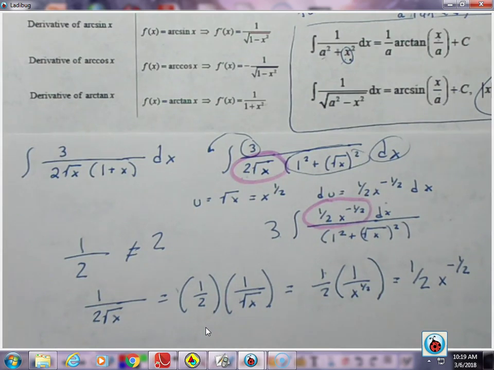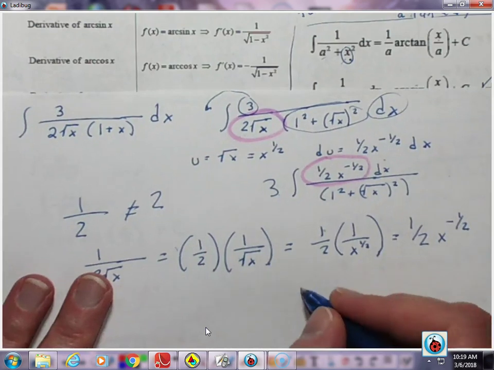So what we did was we took the u equation and solved it for x, and the du equation and solved it for dx, and then started making substitutions. That would work on this one if you didn't just see that you basically had the du. It would just take more steps. It would just be more algebra. But it would get you there.